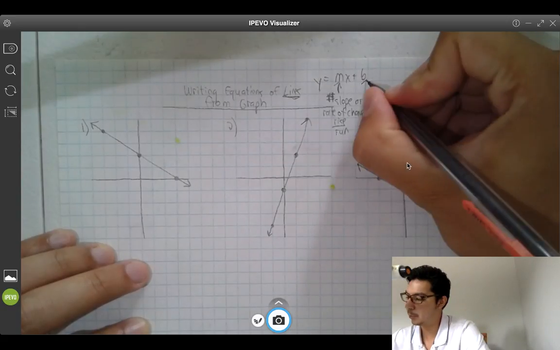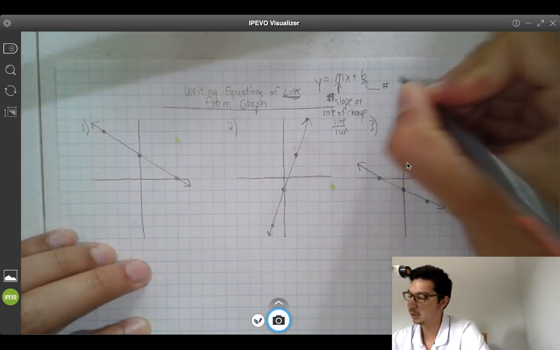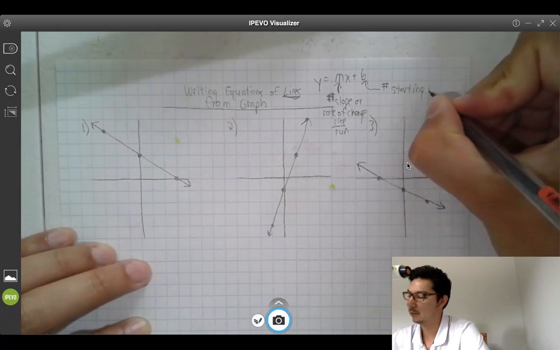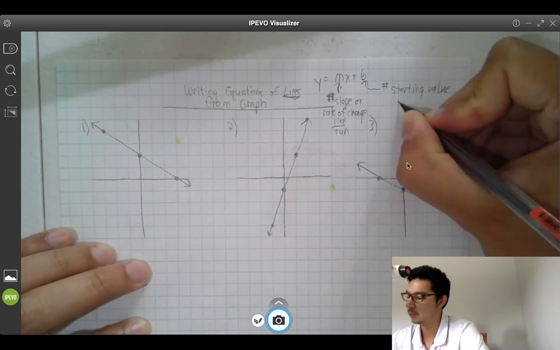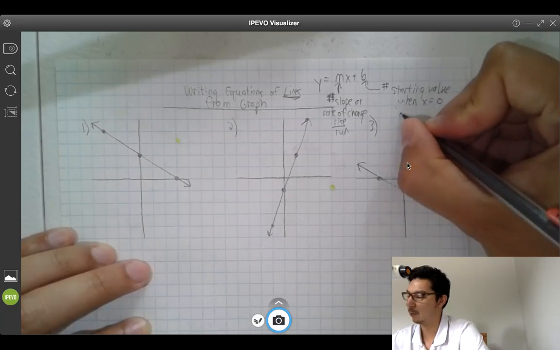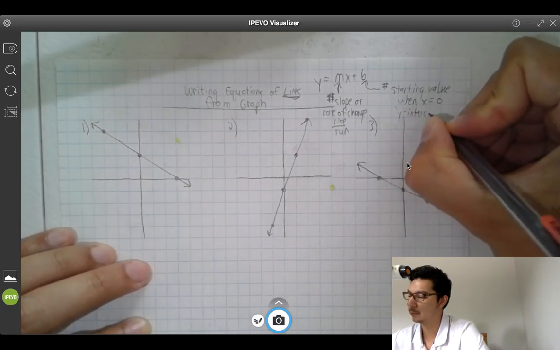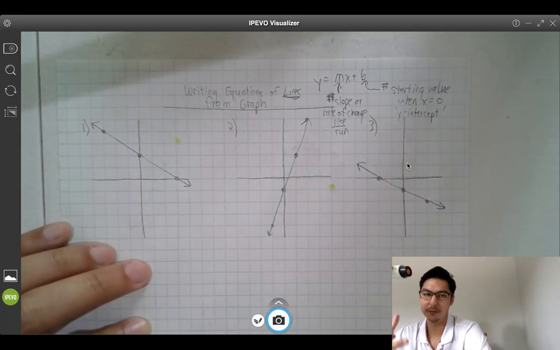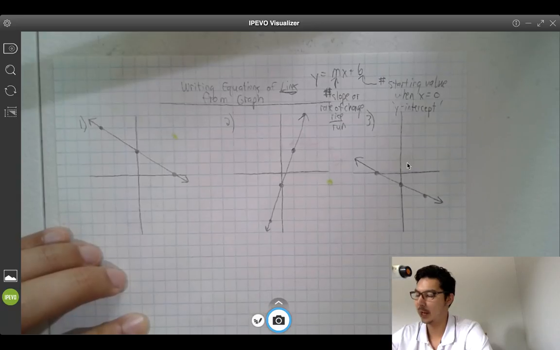And the number at the end there, without the x, represents the starting value when x equals 0, also known as the y-intercept. Okay. Now those are just words. I think it'll be easier for you if we put it into action.